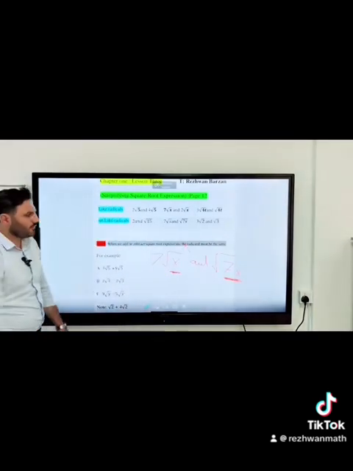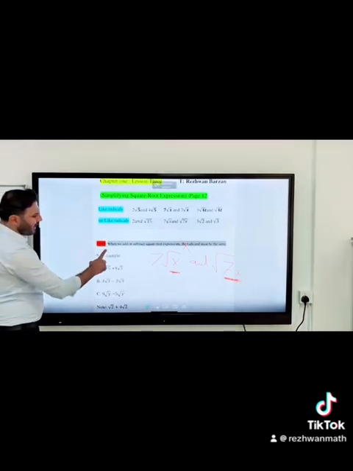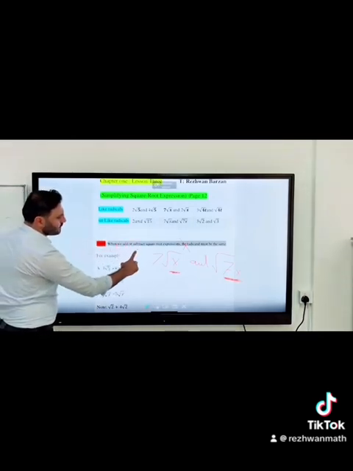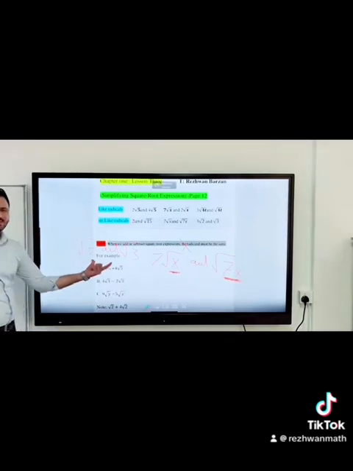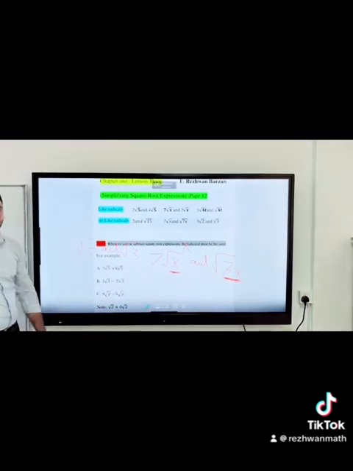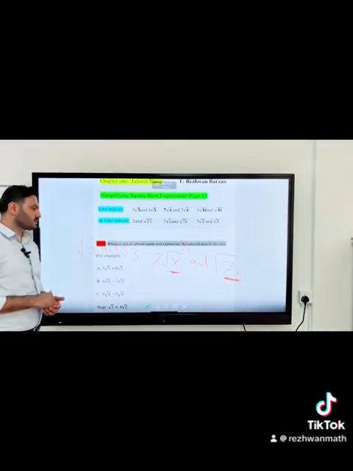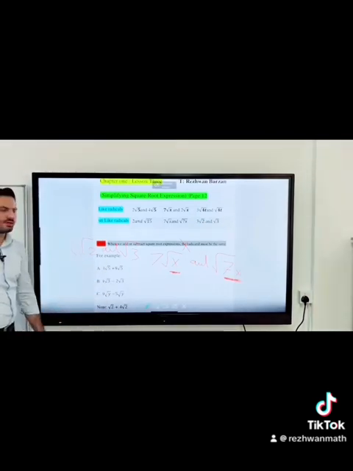And if you look at 3 square root 2 and square root 3, we can see 2 and 3 is different. So because we don't have the same number and same variable inside the square root, it's unlike radical.